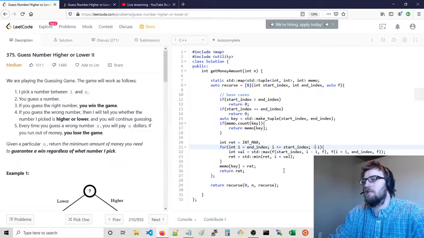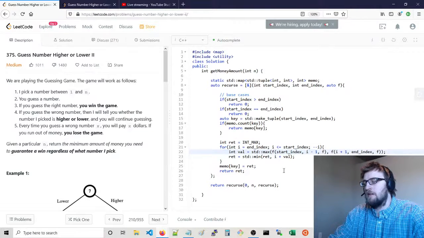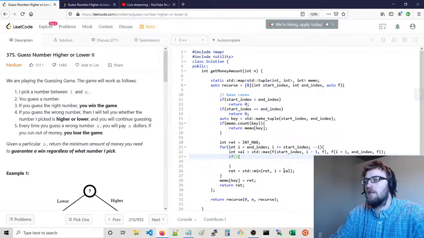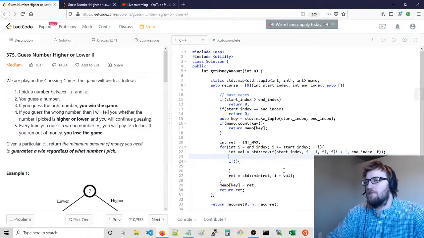And we're going to say there's this value, right? And we say if, so we're going to have int next val or next possible. It's going to be i plus value.